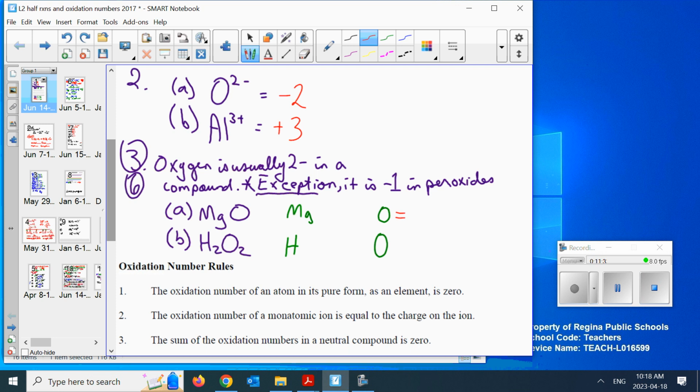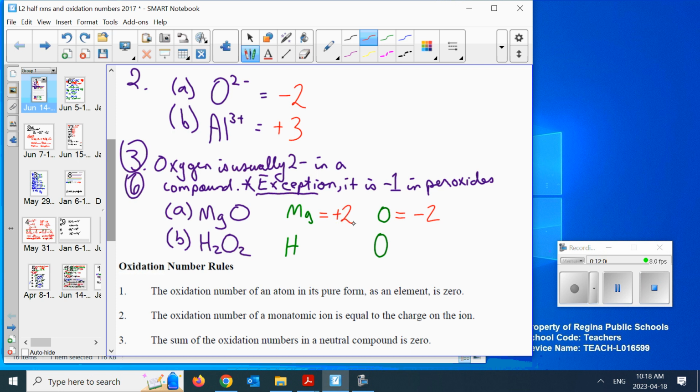Well, it's in a compound, it's -2. You can just assume that. That means what does the magnesium have to be? They add to 0. That's rule 3, by the way. The sum of oxidation numbers in a neutral compound is 0. So that's why I'm saying 3 and 6. Well, it has to be +2, right? Arithmetic. Okay, so there we are.